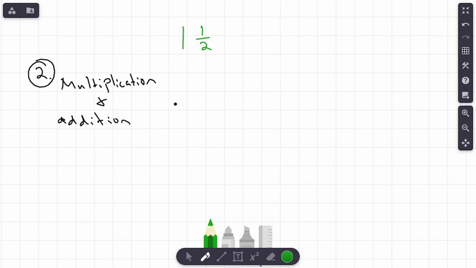You're going to take your whole number, 1, and you are going to multiply that by the denominator, times 2. So here's where our 1 whole was. I'm actually going to write it in some different colors here so you can see it. We are multiplying it by 2.